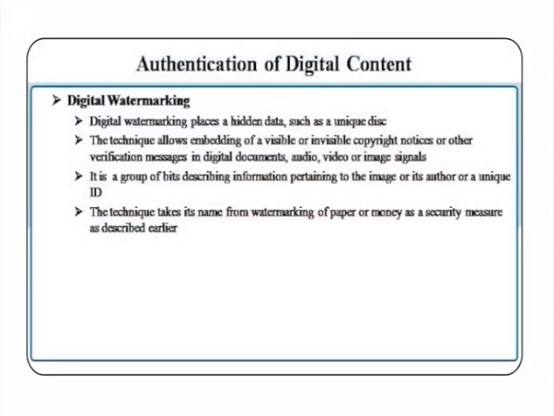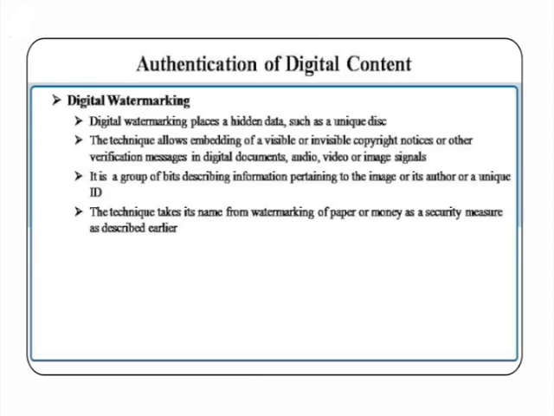Digital watermarking places hidden data, such as a unique ID. The technique allows embedding of visible or invisible copyright notices or other verification messages in digital documents, audio, video, or image signals. It is a group of bits describing information pertaining to the image or its author, or a unique ID.